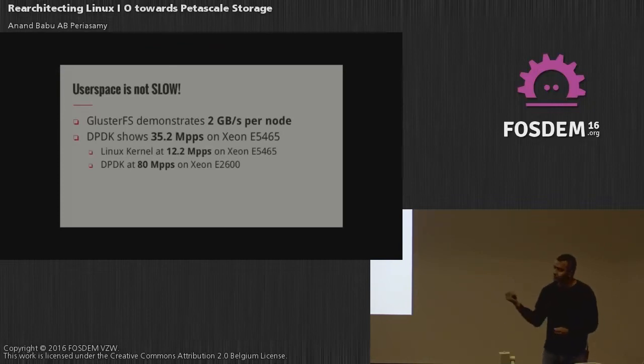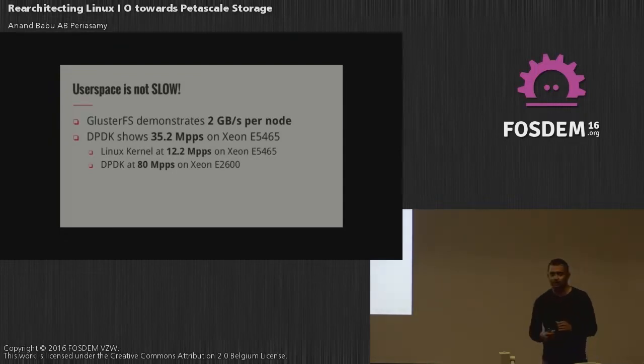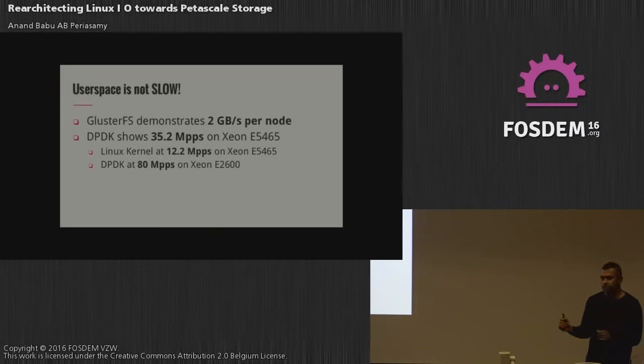One of the recent advancements is DPDK. This is by Intel, and it's also a free software open source project. You can implement user space networking. It comes with its own user space poll mode driver. One of the hard things in user space is context switching, right? If you are waiting for interrupts for each packet, it is very slow and causes a lot of context switches.